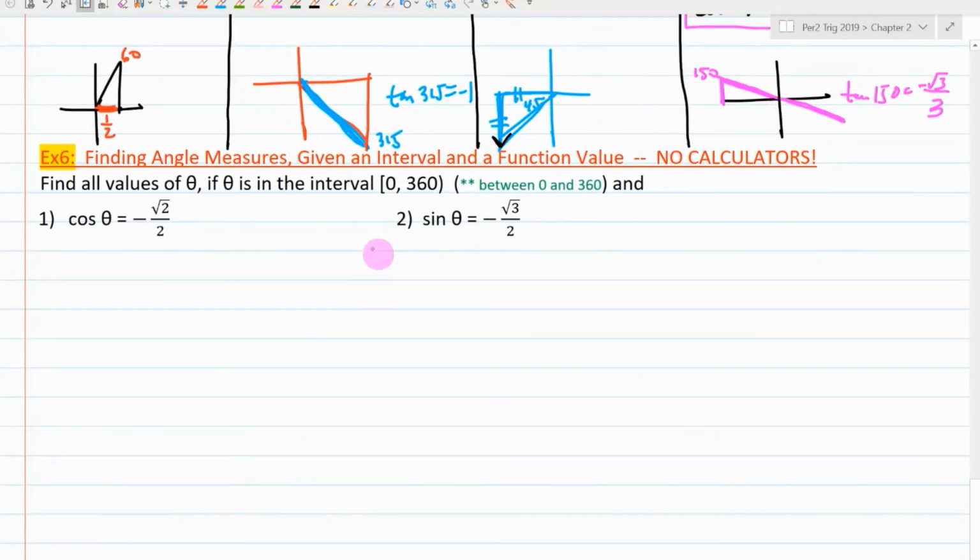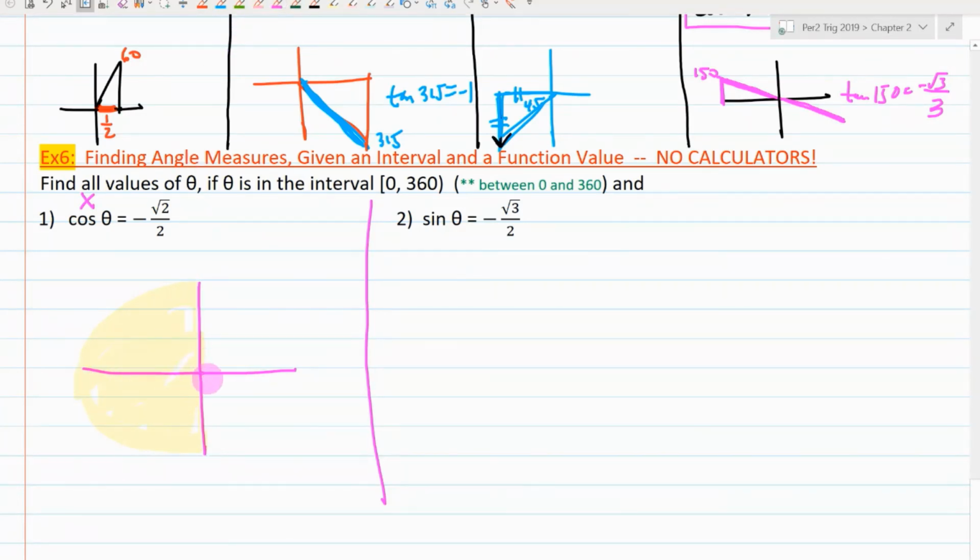All right, so for these two, they're asking you for theta. So we want to know where cosine is equal to negative radical 2 over 2. So the way that you would do this problem is cosine goes with the x. So we want to know where cosine's negative. So cosine's negative on this side. Why? Because that's where the x's are negative, to the left.